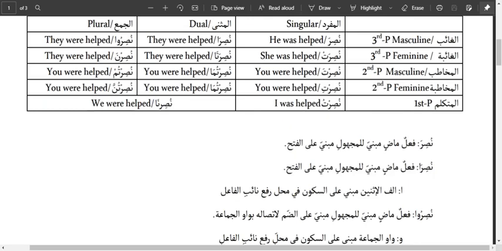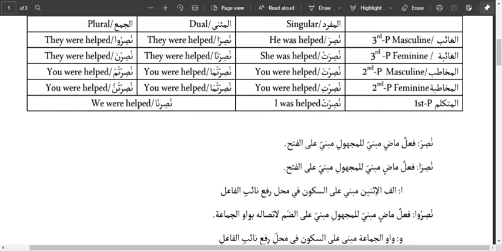So instead of just saying fi'l madin mabniyun ala al-fathi, we add the analysis mabniyun lil majhul, then mabniyun ala al-fathi. We do that for each of the other verbs.